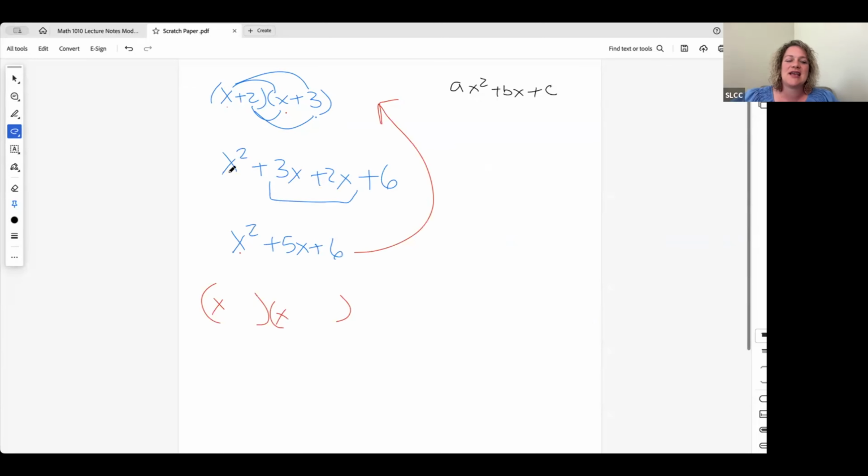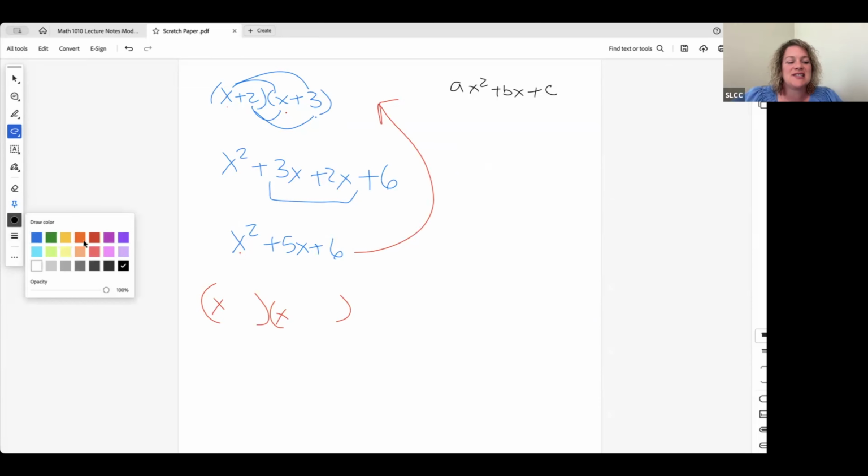But in this case, a is always 1, so we just split the x times x to get our first term of x squared. Then we consider the c term. Look at 6. Let's figure out the signs for our template. If 6 is positive, there's only two ways to get a positive when you multiply.